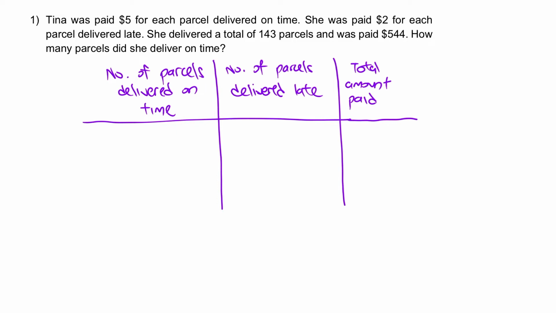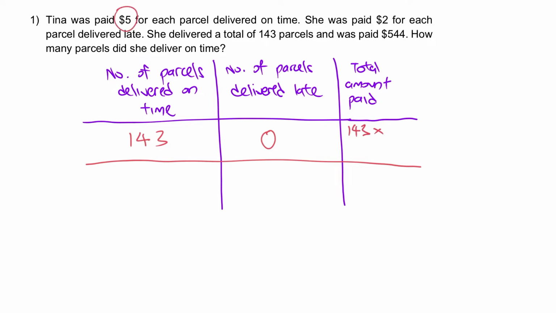Now, what do I mean by assumption method? We just assume all of the parcels to be of one type. It is either you assume all to be delivered on time or we assume all to be late. So for first, let me assume all to be delivered on time, all the 143. What would that mean for the number of parcels delivered late? None. 0. And for this case, how much money would Tina be paid? We will just take 143 multiply by $5.